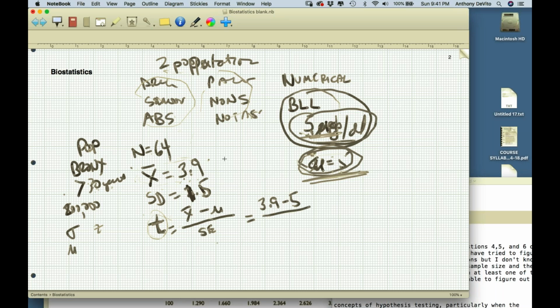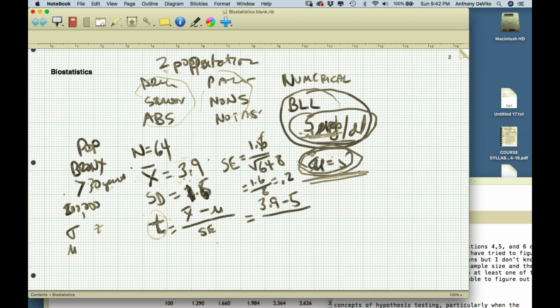Now I've got to calculate my standard error. My standard error is equal to sigma. I don't know that, so I have to use 1.5 over the square root of my sample size, which is 64. Okay, so I'm going to calculate this. The square root of 64 is going to be 8. I'm going to call this 1.6, making it come out an even number, right? So 1.6 over 8 is going to be equal to 0.2.